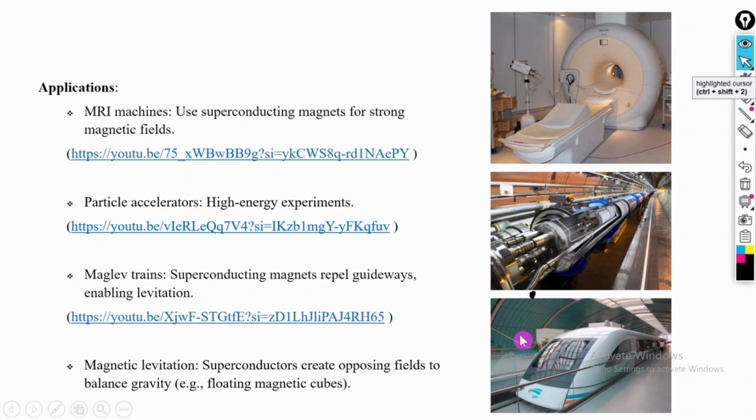Magnetic levitation is the process, as I have discussed, in which the superconductor creates an opposing field to balance gravity. So this process is called levitation, and after levitation this train will be away from the ground and will move in the air.